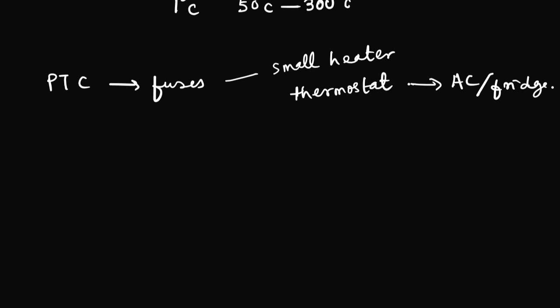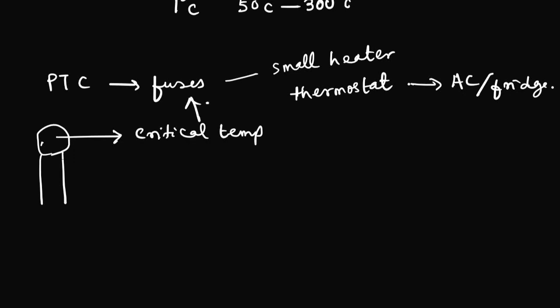Now, in some cases, what happens in a switching type, first of all, the core of the thermistor will get heated. Okay, and when it reaches the critical temperature, it will act as a fuse, so that the circuit is protected when there is a further increase in temperature. So what do you mean by fuse? Whenever the thermistor starts heating, that means there is a surge of current.